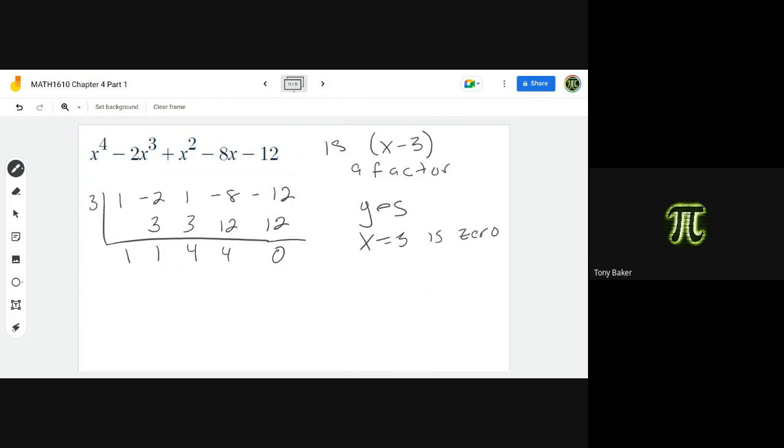Hold on, let me get the exact name of it. The rational zeros theorem, which is your P's and Q's, states that all factors of it will come down to the factors of the constant and leading coefficients divided by each other.